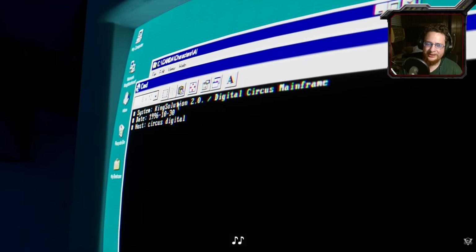So this whole entire mainframe, the Digital Circus, Kinger's solution is his interaction with the universe of this world. And also, you can see that the Kinger solution was created on 1996, October 30th, which is, I think, 15 days after Cain was made, which is very interesting because that makes me think that Kinger's scan must have, like, it's an interesting detail.